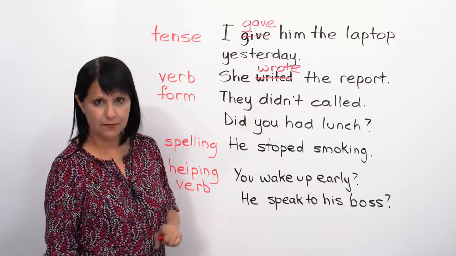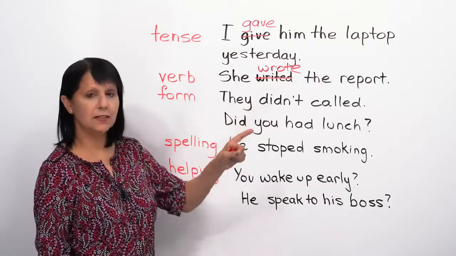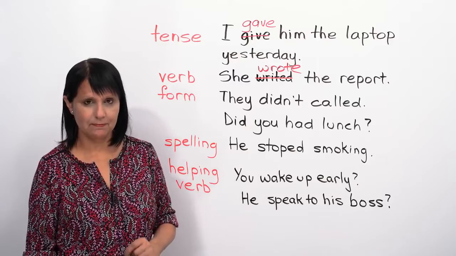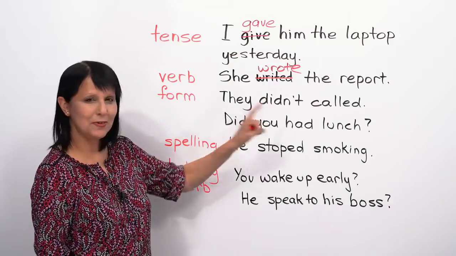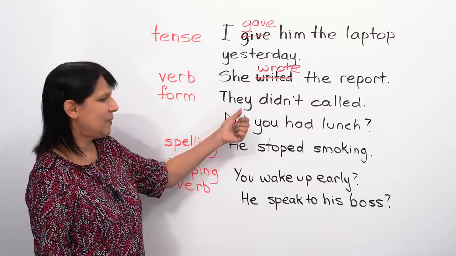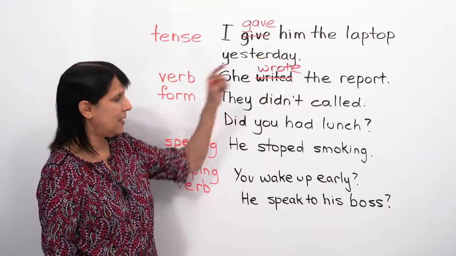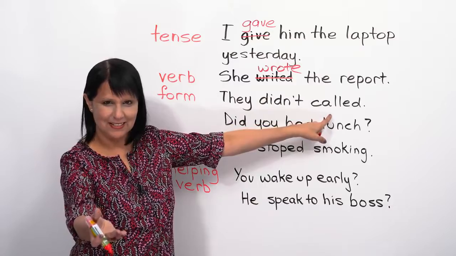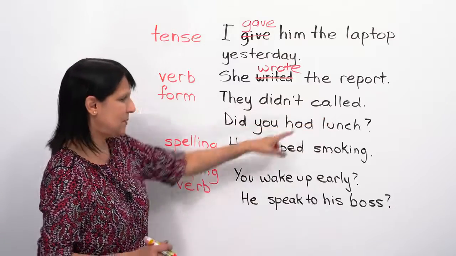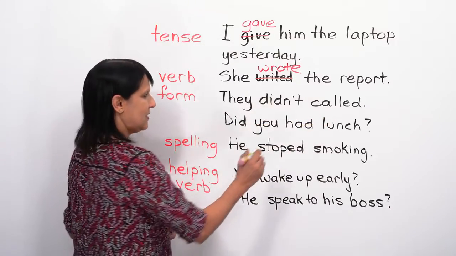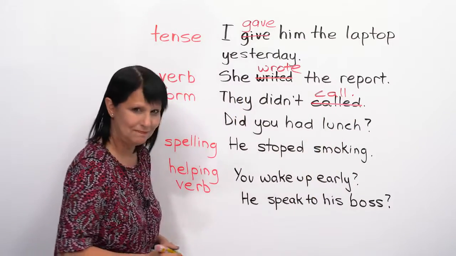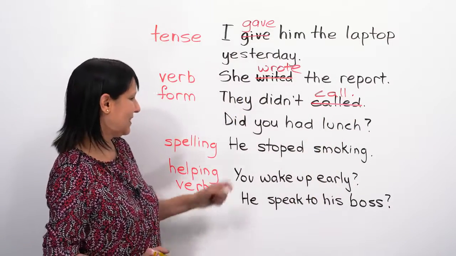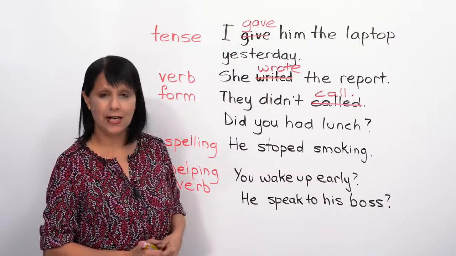Let's look at a negative sentence. "They didn't called." What mistake does the student make here? Remember the rule? Whenever we have a negative sentence, we come back to using what? The base form of the verb. But this student forgot. So it should be, they didn't call. Right? Good. Next, "did you had lunch?"